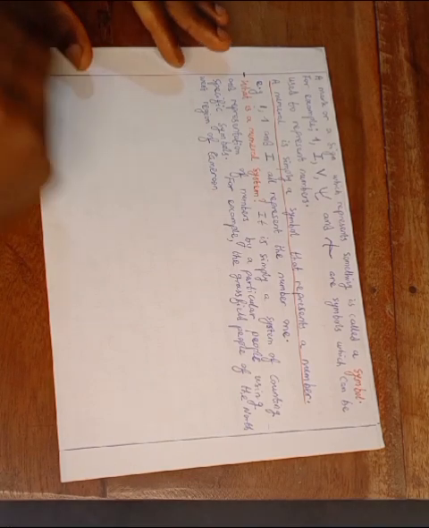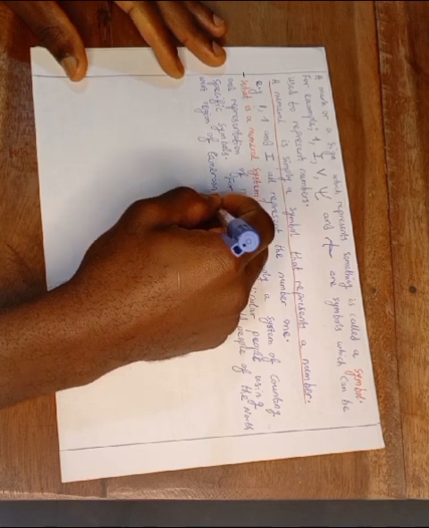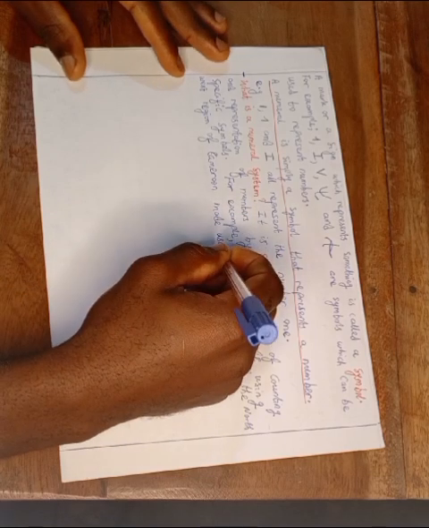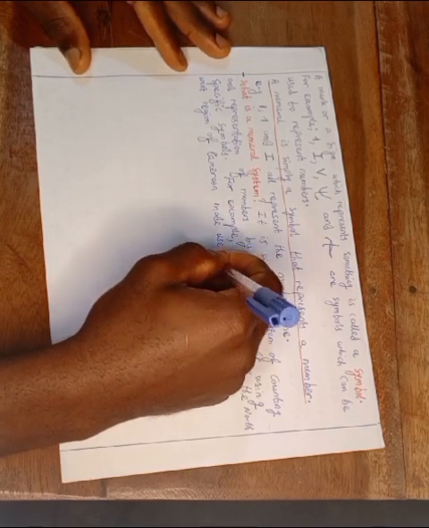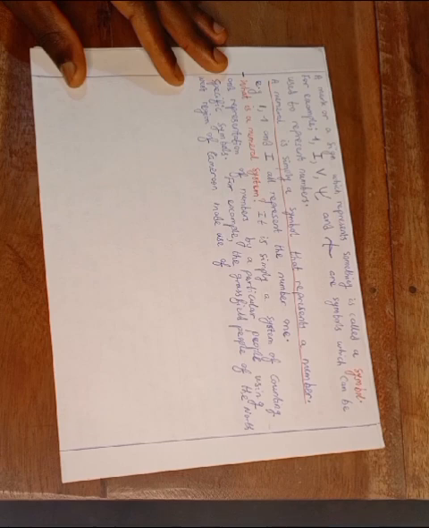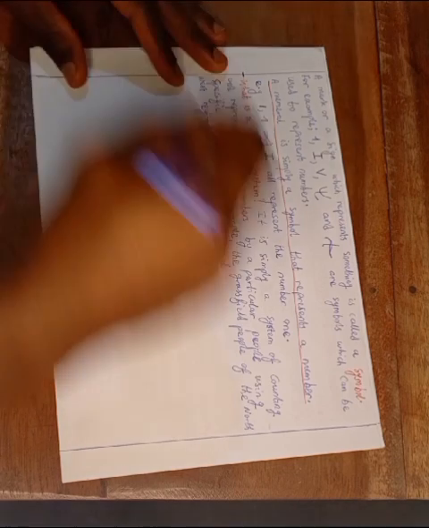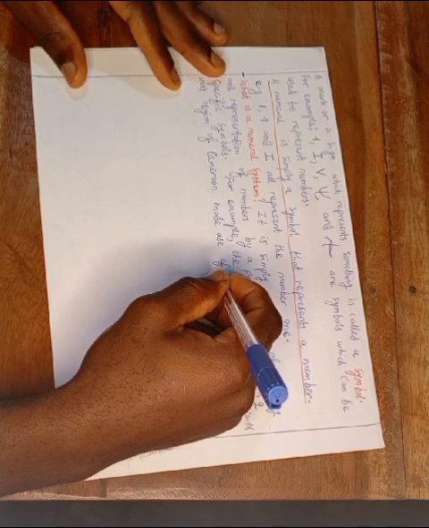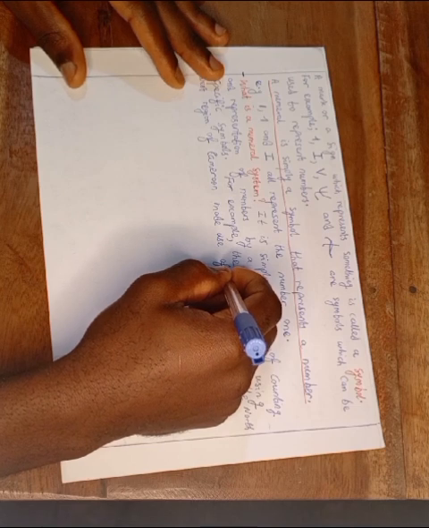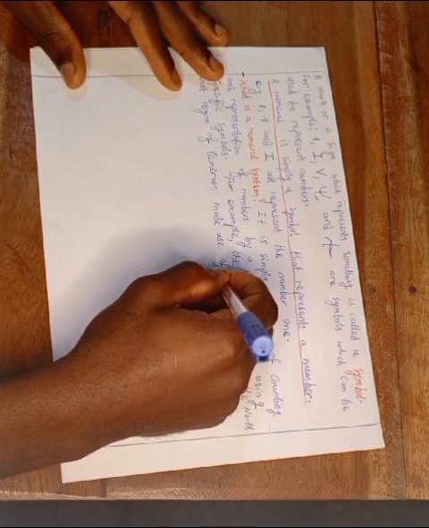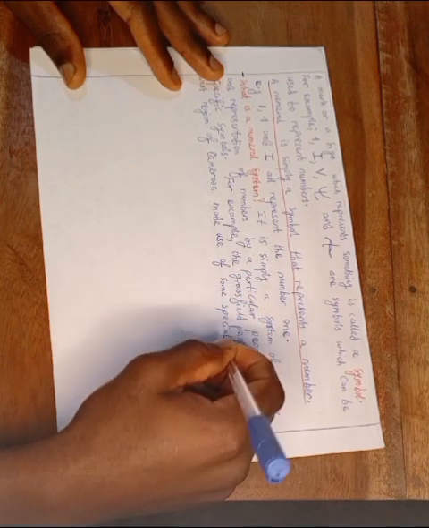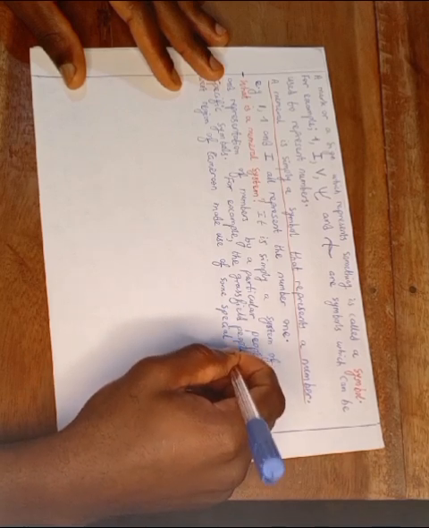They made use of some special sticks. These special sticks were Indian bamboos. That's what they used.